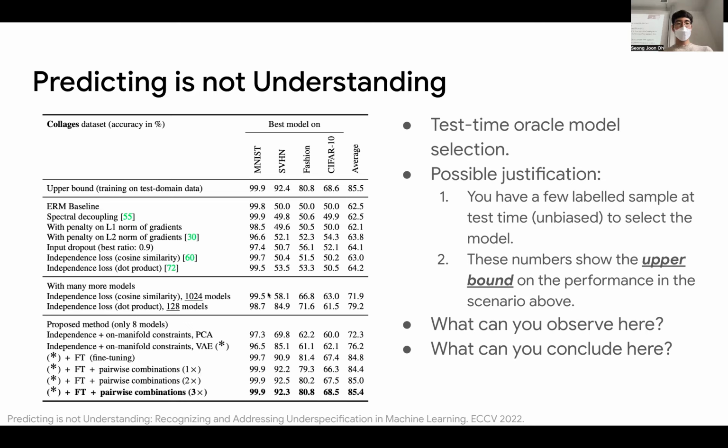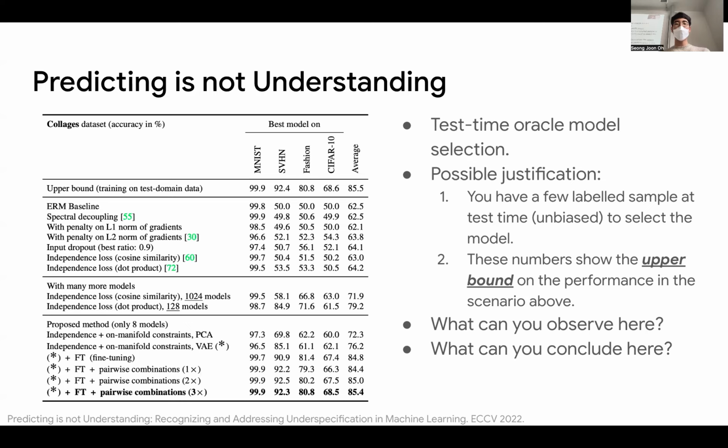What else to comment on? So if you just train the ERM baseline, which just means you're training one model for these kinds of images, then what you're going to get is 99.8% accuracy for MNIST and random chance for all the other benchmarks.